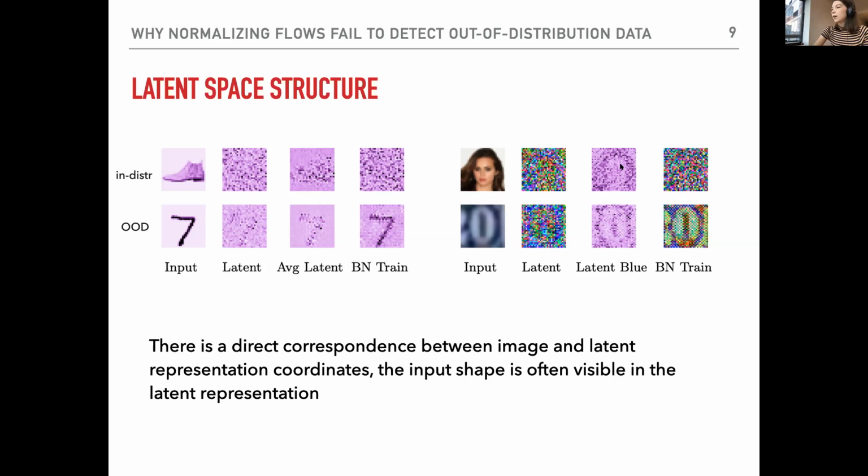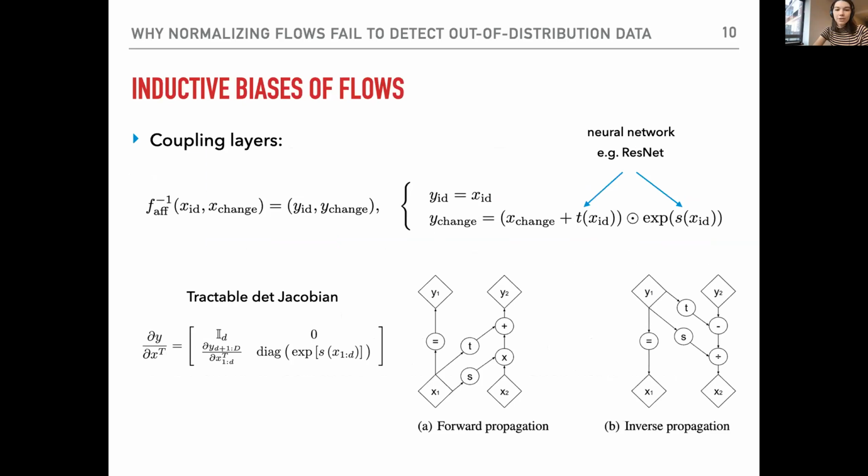And it's pretty much the same for the colored images for CelebA versus SVHN. So the question is, why does this happen? Why do we take a flow which performs a very nonlinear, complicated transformation using millions of parameters, and we get that the latent code very much resembles the input?